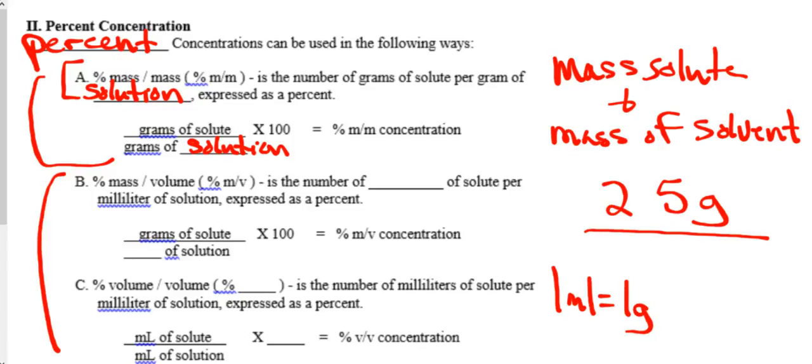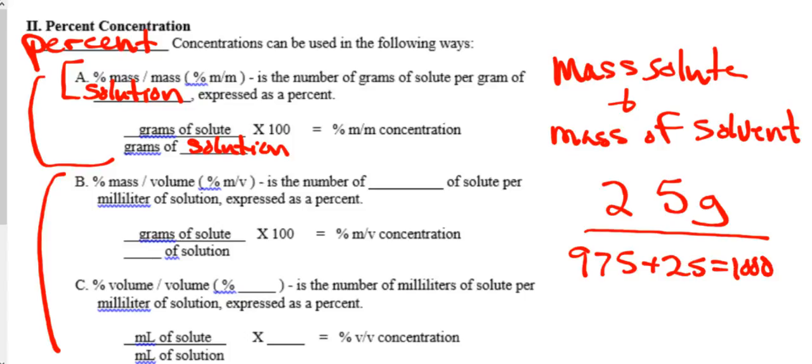So really, in number 1, how many grams of water is it giving you? 975. Is that the mass of the solution, though? You have to add them. So the denominator for this one will be 975 plus 25, or that's 1,000.